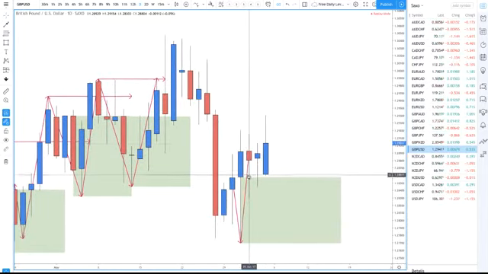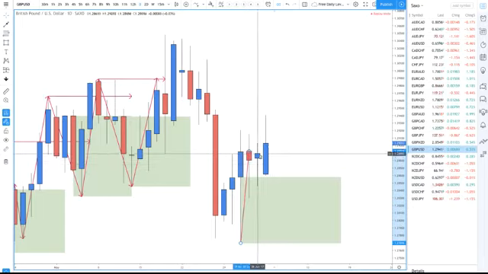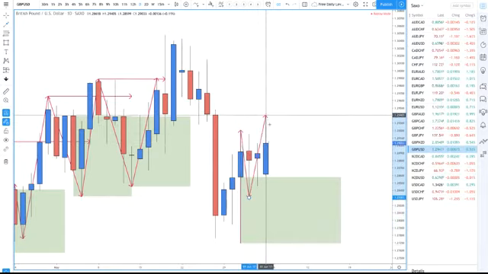There we go. So we can now see if this starts from here. It starts from here. We've got demand that comes up to here. Well, actually comes all the way up to this high here. Get a bit of a pullback, and then we get there.